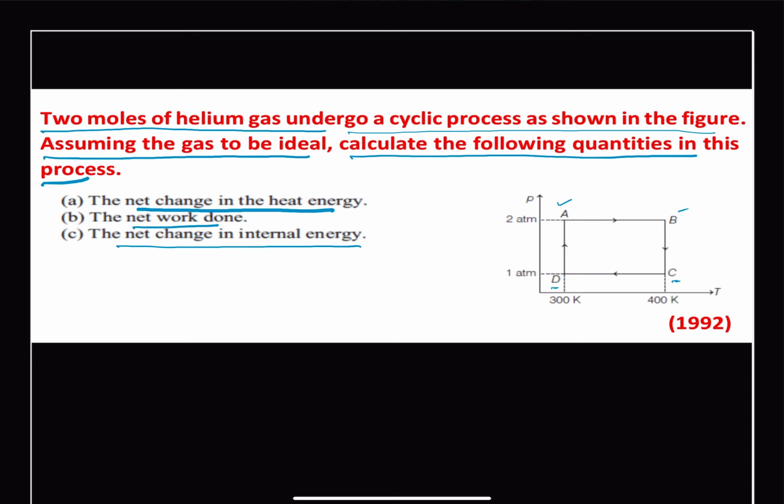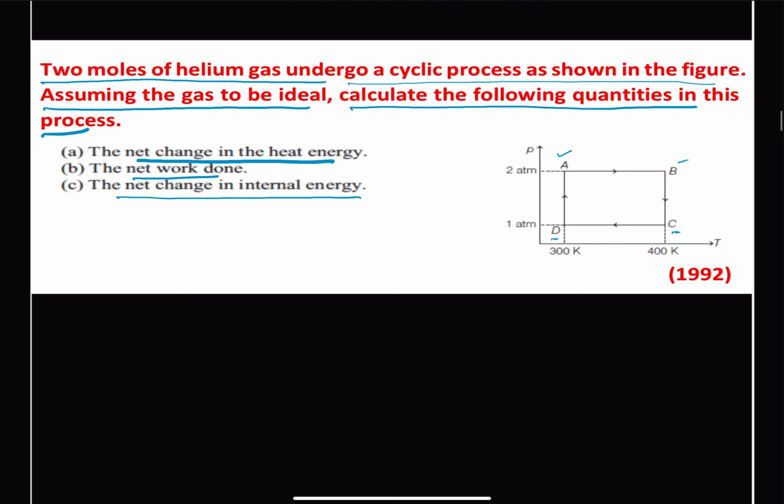So basically we have isobaric and isothermal processes. We start with AB. AB is constant pressure, that is isobaric.